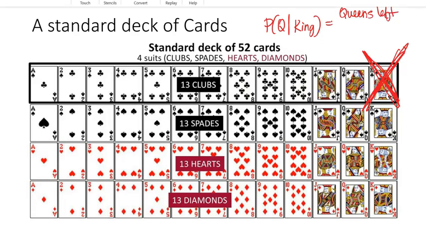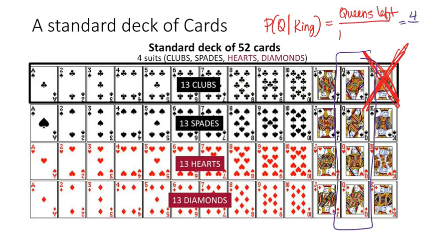Well, thankfully, my queens didn't change. I still have 4 queens. But what did change is how many total cards are left after I picked up that first king. Well, now there's only 51 cards in the deck.